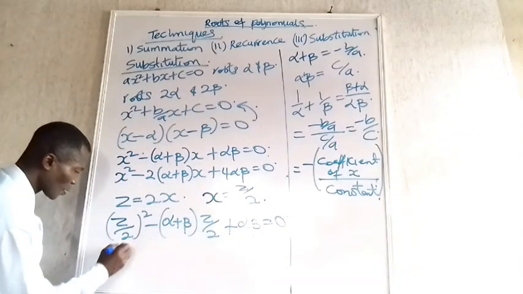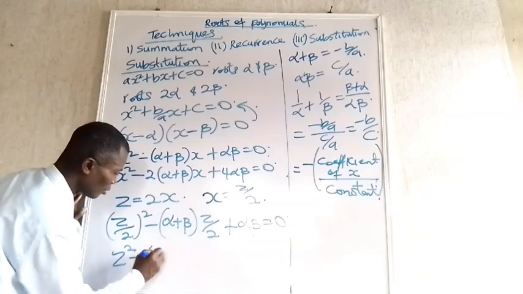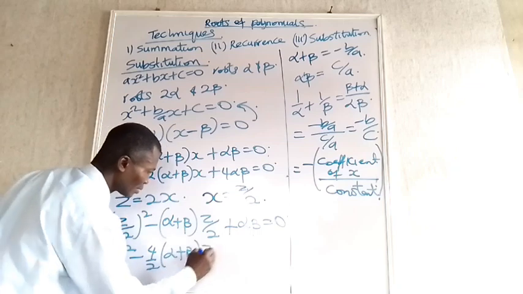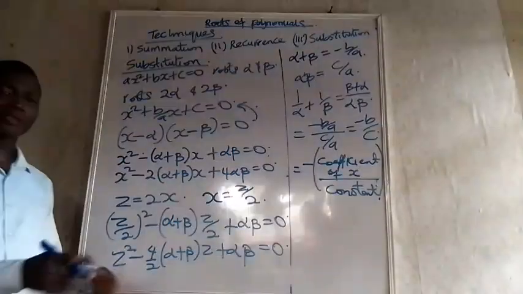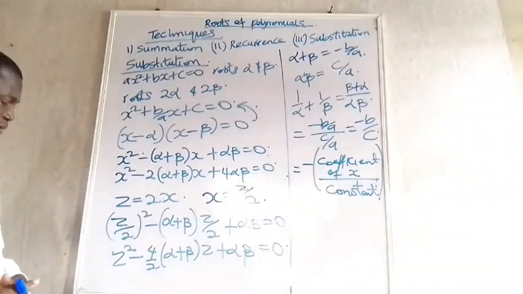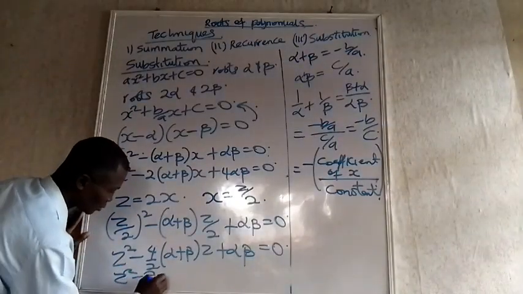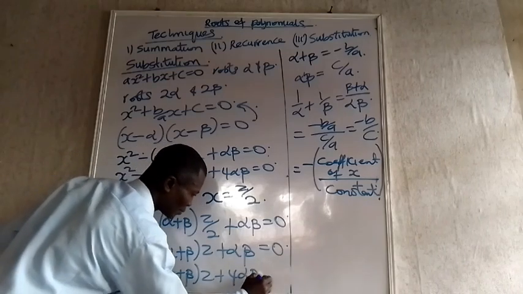We are going to have z squared over 4, minus 2 over 2 into (alpha plus beta) z, plus alpha beta. So you can see, we got the same result as in the previous one. So this will give us z squared minus 2 (alpha plus beta) z plus 4 alpha beta.